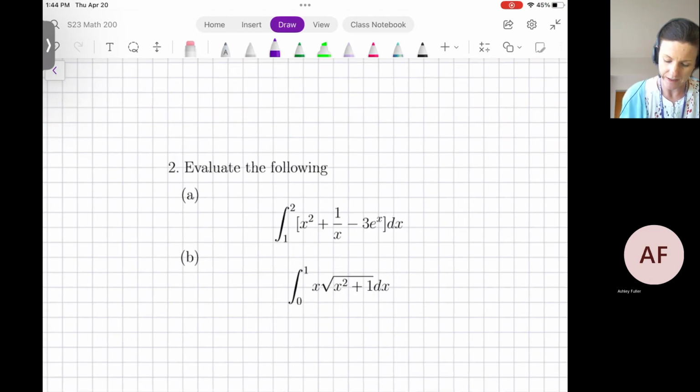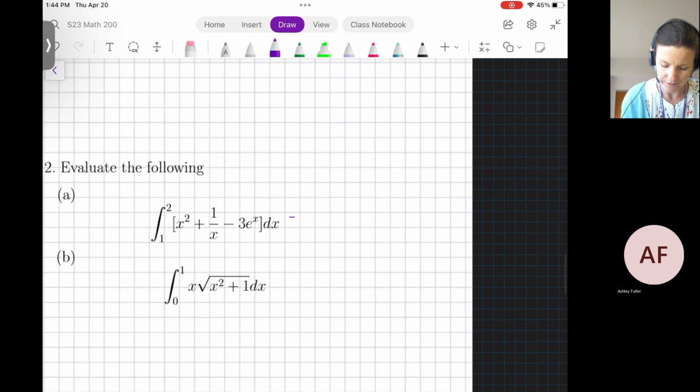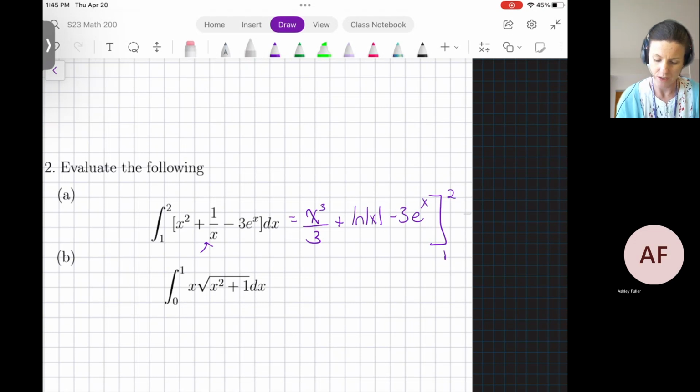If I'm going to calculate the integral here, I'm going to take the integral of each portion, which is going to give me x cubed over 3 plus the ln of x for this portion minus 3 e to the x. And then we're going to evaluate that from 1 to 2.